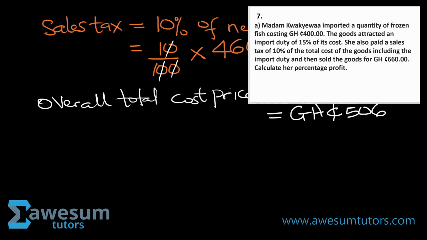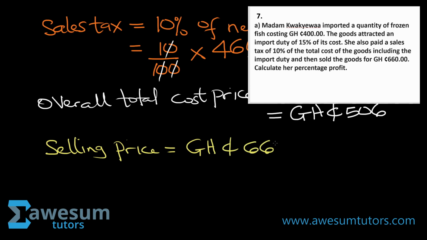If she did that, then we can say selling price equals 660 Ghana cedis. Remember that she had already spent overall 506, right? Now selling price is 660.